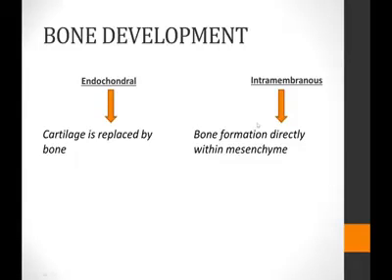That is why this type of bone formation is called the endochondral bone formation. Endo is for within, chondral is for cartilage. So bone forms within cartilage. First a cartilage model forms in the mesenchyme, and that model is eventually replaced by bone.